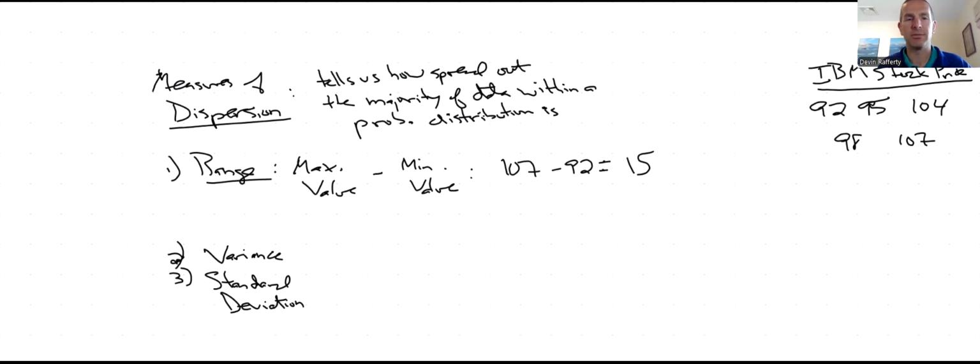It's just the maximum minus the minimum value. That's the first measure of dispersion, the range. The more common ones we're going to work with are the variance and the standard deviation. So let's pull up a new page on our whiteboard and recreate our IBM stock prices.